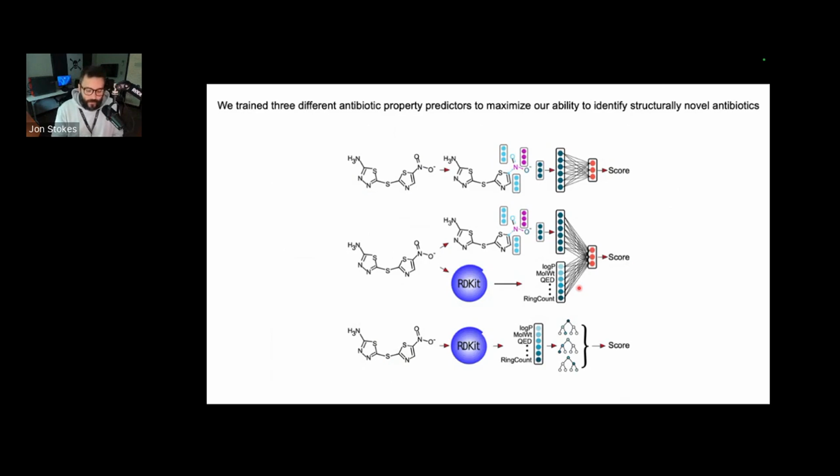Moreover, to help increase the robustness of this architecture, we didn't use one antibiotic prediction model. We used 3 antibiotic prediction models that are all slightly different in architecture. And we used 3 different models because each one is learning something slightly different about the structures of molecules in relation to their antibacterial activity.